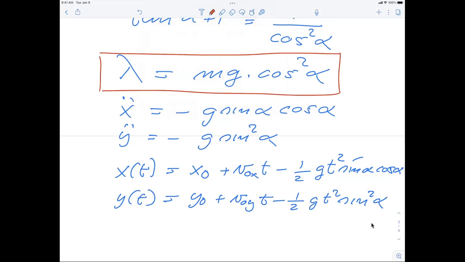So take a look at that one. If you look at this one, what kind of dimension does it have? What does it represent? From the incline.